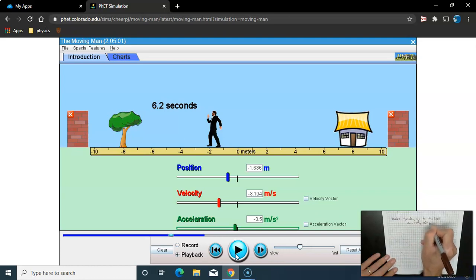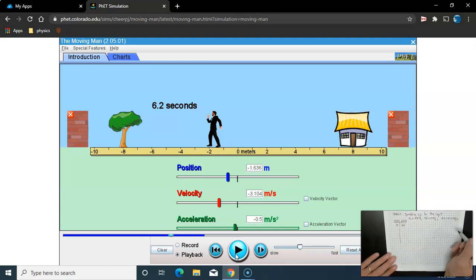The initial velocity is 0 meters per second, and the acceleration is negative 0.5 meters per second squared. And this table too, you're supposed to do on your own. At time 0, the guy was at the house, and you keep on getting the data.